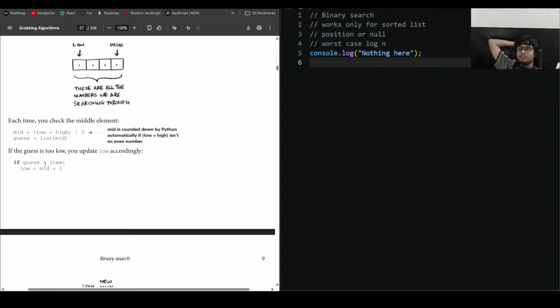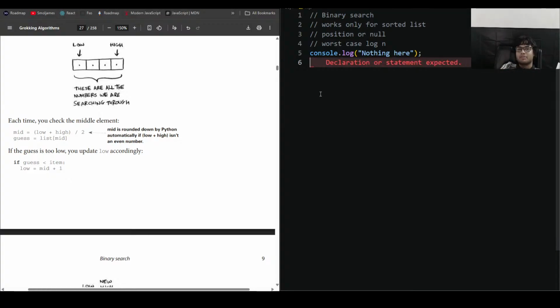So if guess is lower than the item, then low is mid plus 1. Mid becomes the low plus 1 actually.